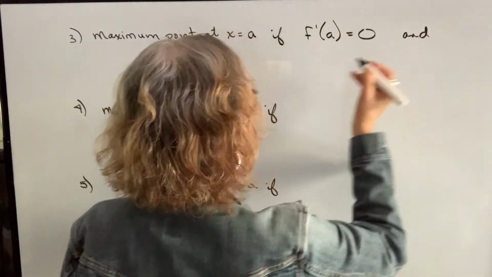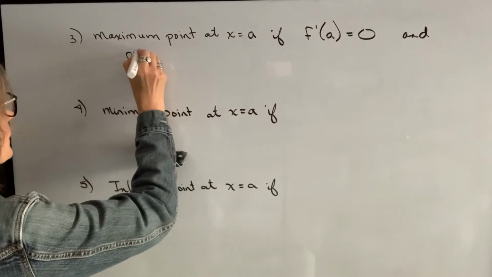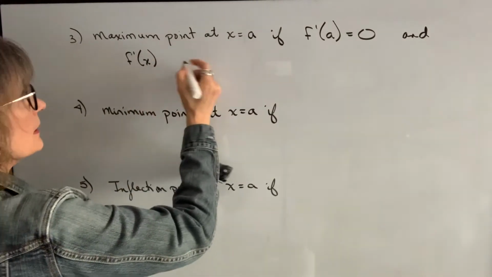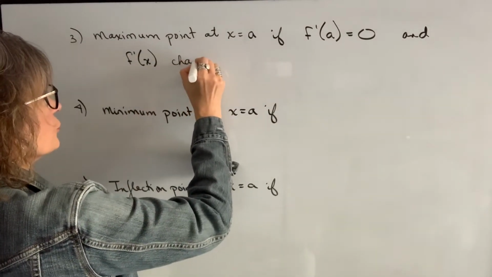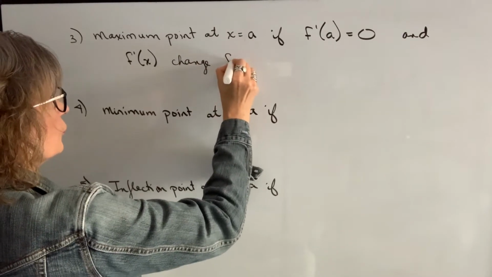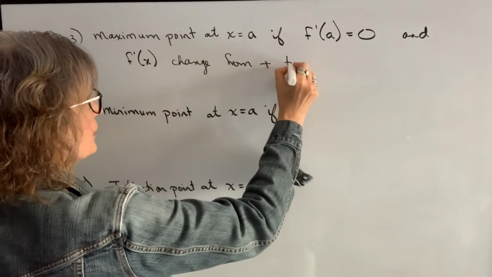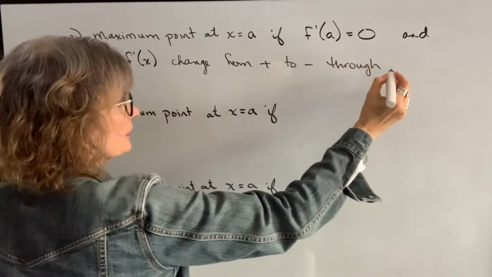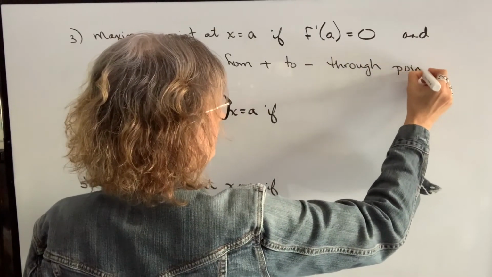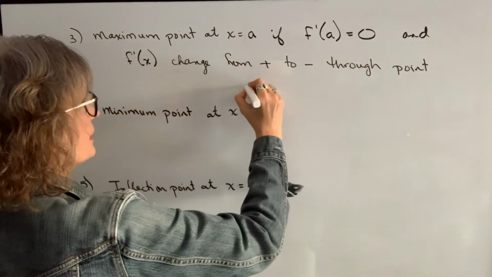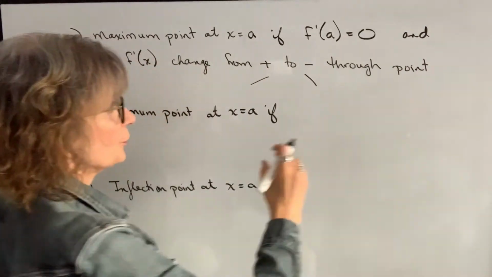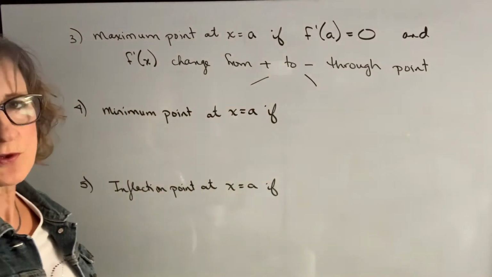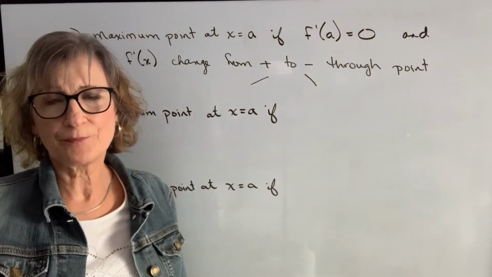The first derivative has to change from positive to negative through the point. So it goes from increasing to decreasing as you go through that zero derivative point. So those are the two conditions for a maximum point.